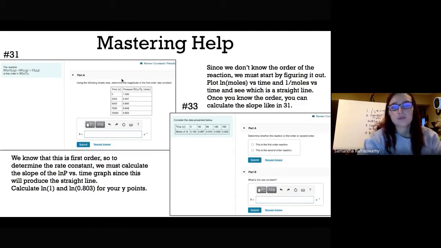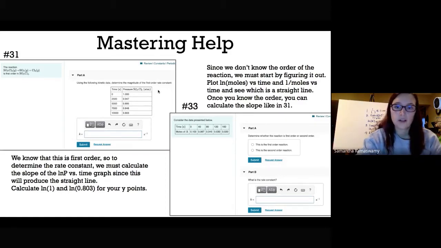And so if we have time versus pressure, remember pressure can be used interchangeably with concentration when we're dealing with gases. If we have time versus pressure, just figure out the natural log of pressure and then figure out the slope.